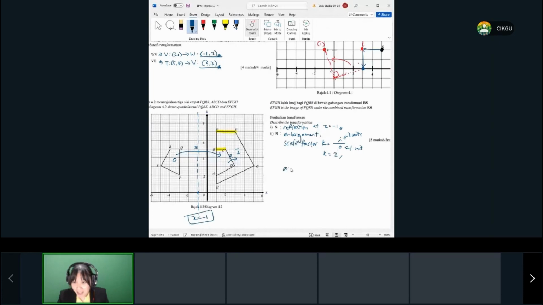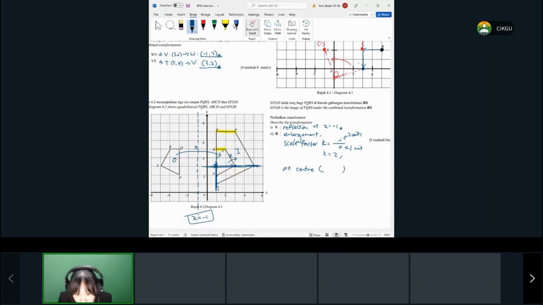Last one, the center. Where is the center of enlargement? The easiest way is to connect the corresponding points. For example, this point and this point, draw it as long as possible. Then this point and this point also correspond, so you draw like that. These 2 lines cross here, so this must be the center of enlargement.